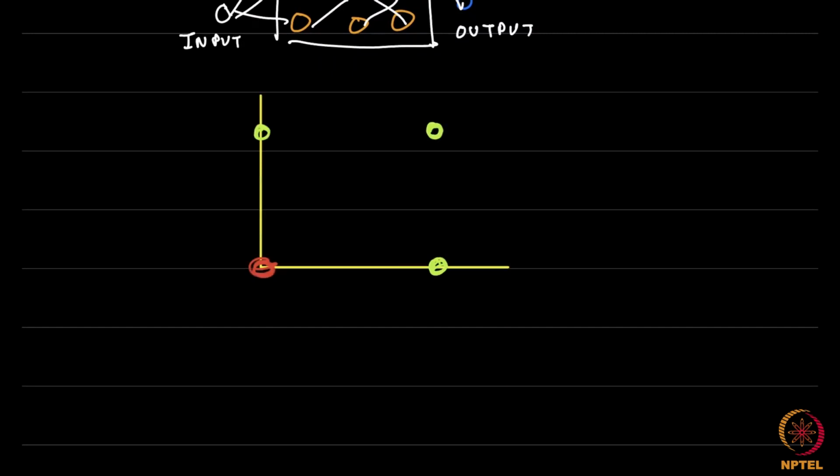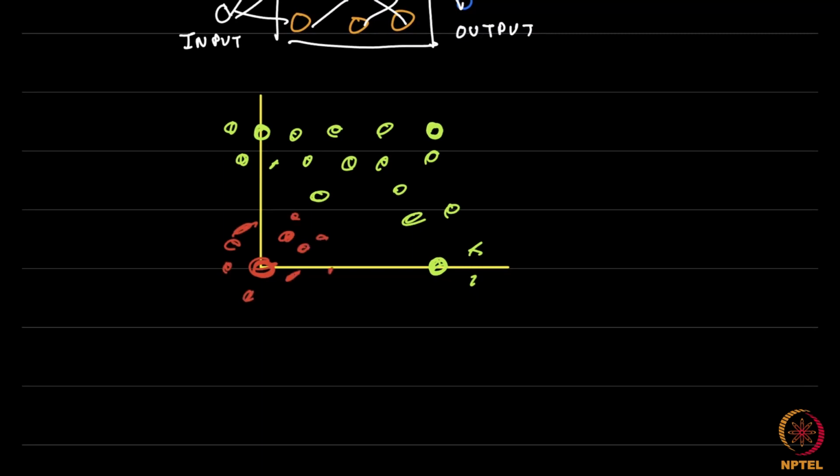Now, of course, this is a simplification of actual data, which might look like this. It might cluster more like this with a few unknown points here. Okay, so this might be the actual data.